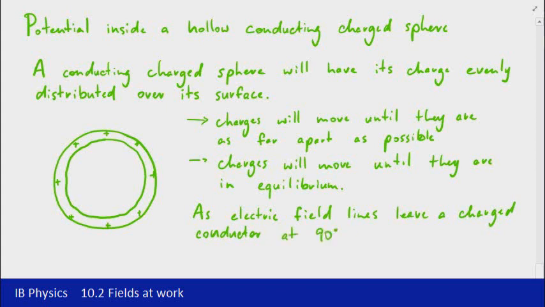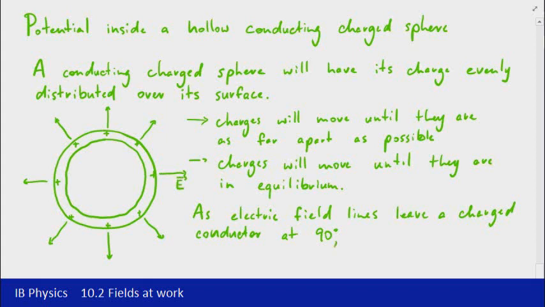If we look at that, it means that each of the electric field lines that we'd have around this charged conductor are going to be pointing away from the center of the conductor itself, given that they all exit at 90 degrees. So that would represent our electric field strength there.